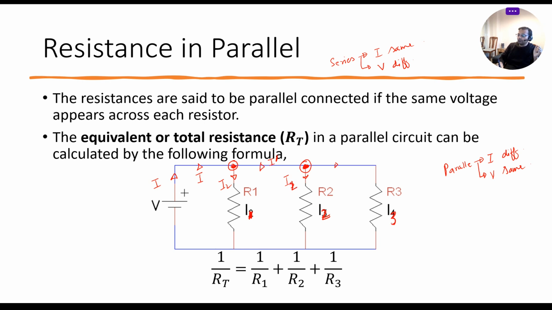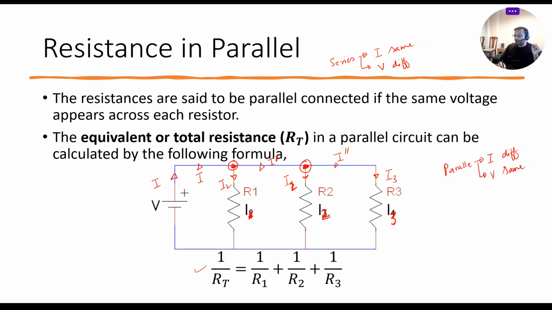So I2 current will flow in this direction, and maybe I double dash current will flow in here. Now finally, I double dash, or you can say I3 current, will flow through here. So since different values of current are flowing in each of these resistances, we can say they are connected in parallel.